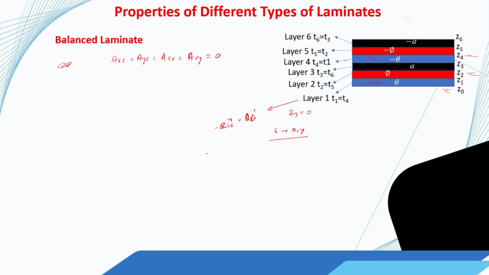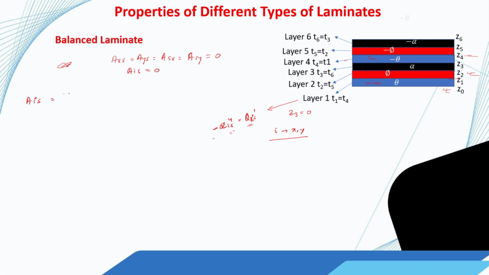So, when theta changes its sign, these two quantities change their sign also, but other quantities like QXX, QXY and QYY are even functions of theta. That means when theta changes its sign, those values remain the same. Because of this, we will see that AIS becomes 0. So, let us write the expression for AIS.